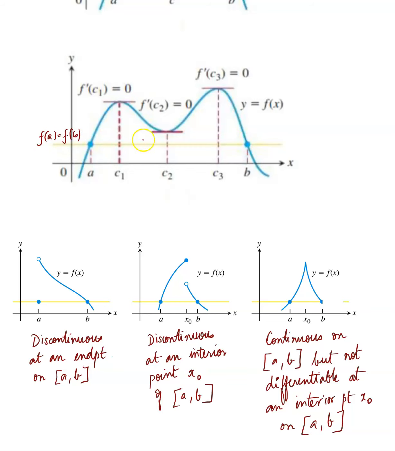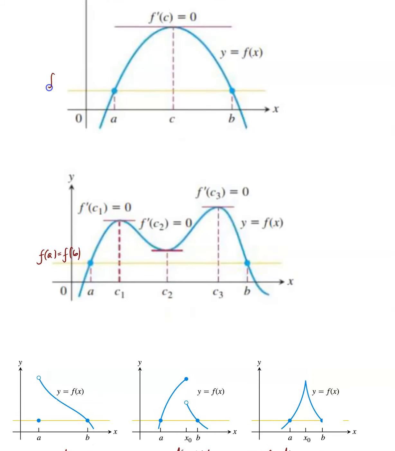And then if that is true, if f of A equals f of B, then you can find at least one C where f prime of C is 0. Now if you took this idea as a slanted version, then you won't have f of A equals f of B, because when it's slanted, it's not a horizontal line, so they will have different f of A and f of B values.